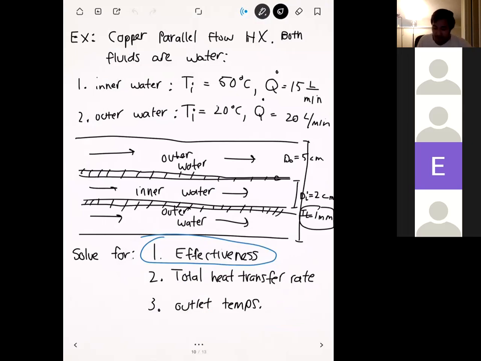Gotcha. So most geometric quantities will be given to you. If not, then it's something you solve for. But usually for these heat exchanger problems, I have you solve for the length, not for the diameters. Definitely change that to meters. Make sure when you're computing areas and stuff like that, you convert everything to meters. Okay, thank you.